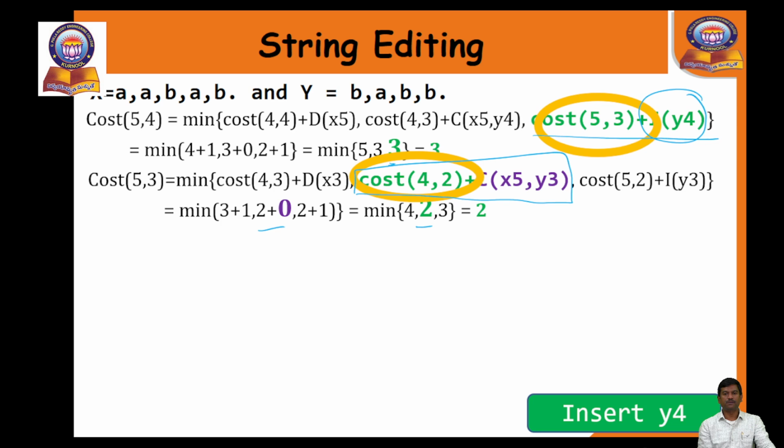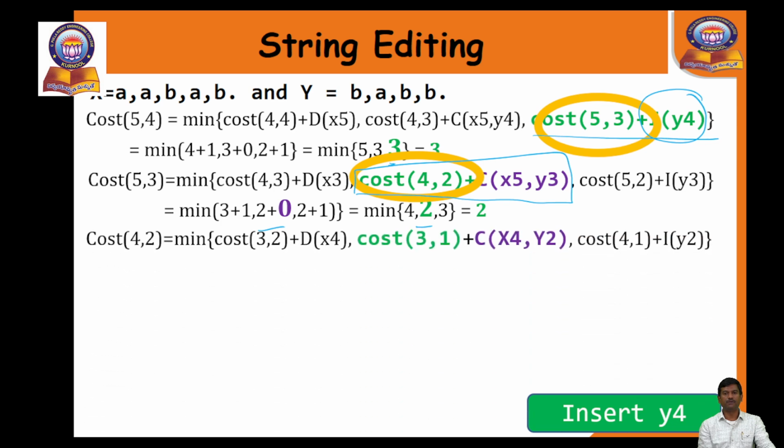One thing that you need to observe: here you are changing from x5. So what is x5? This is x1, 2, 3, 4, and so 5. So x5 will be equal to b. And what is the value of y3? This is y1, 2, 3. So b comma b.